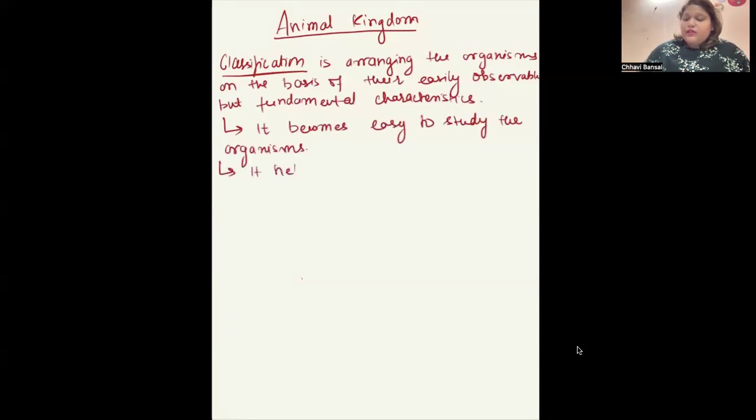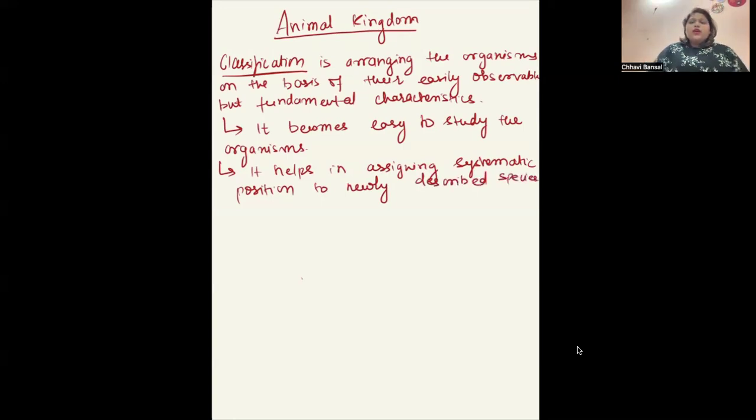Second, what else does it do? It helps in assigning a systematic position to newly described species. For species that are already known, it becomes very easy to study them.